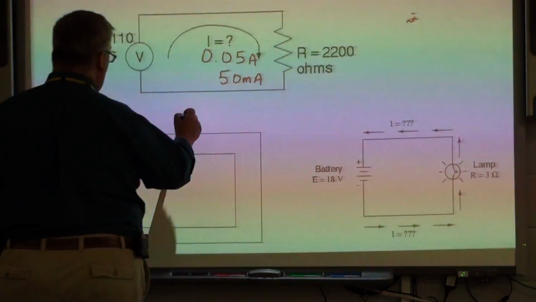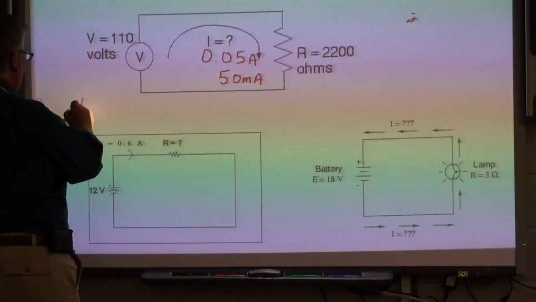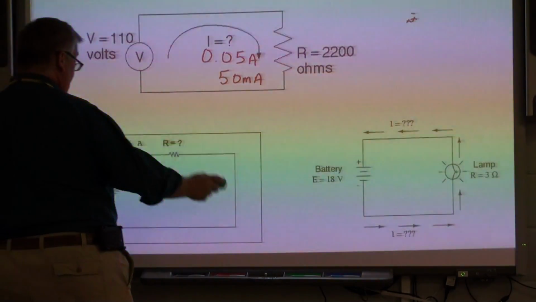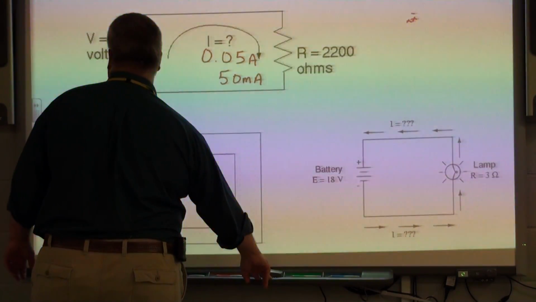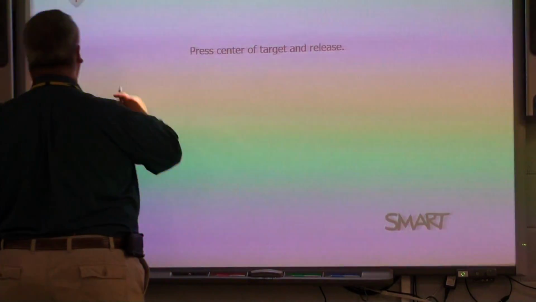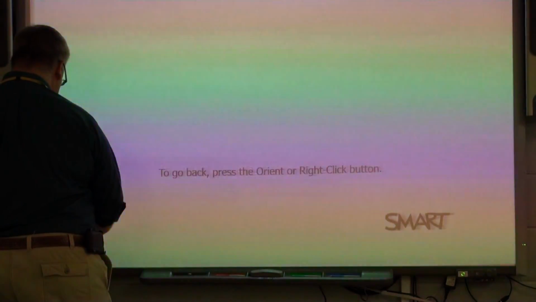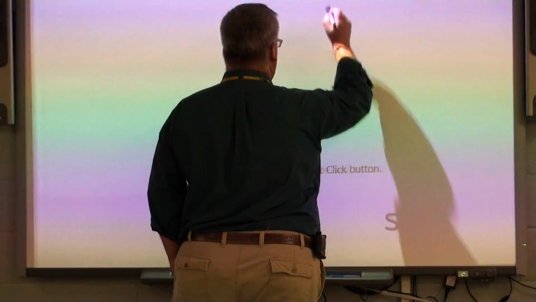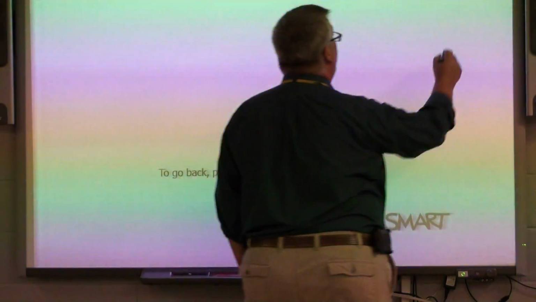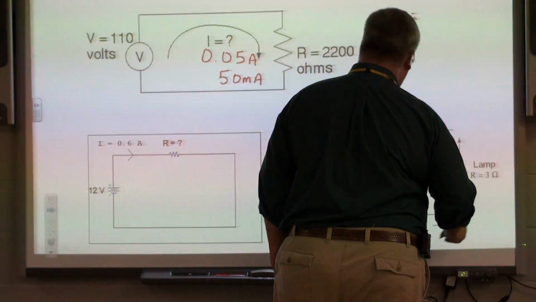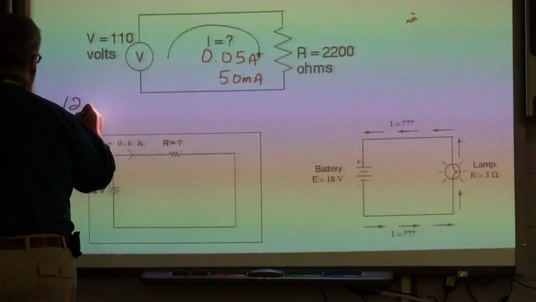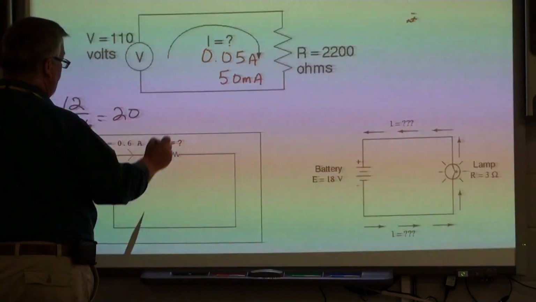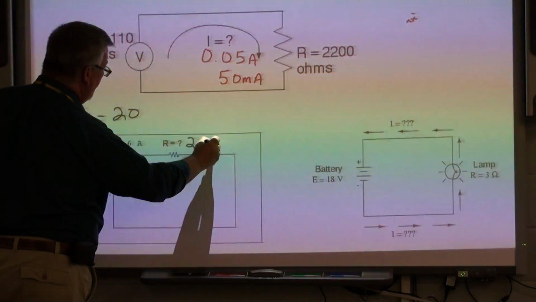R would be V over I, so 12 divided by 0.6 equals what? 20. So our resistor is 20 ohms.